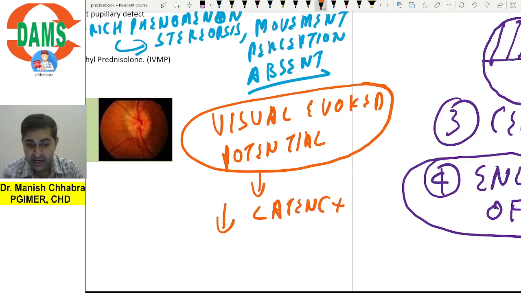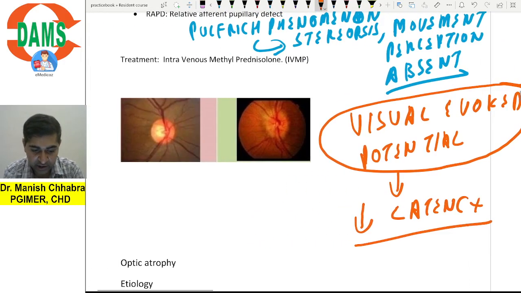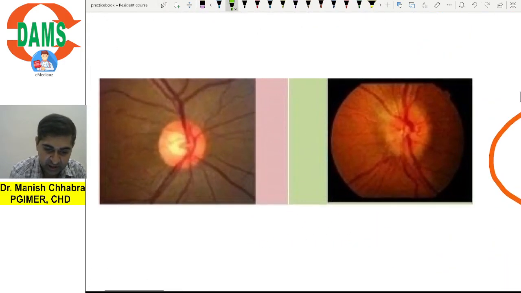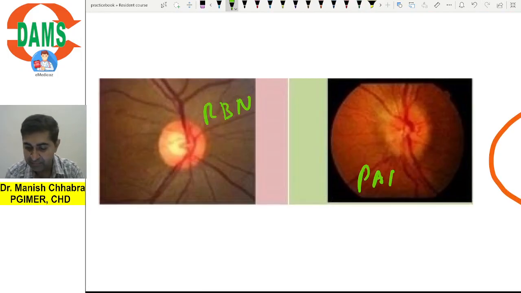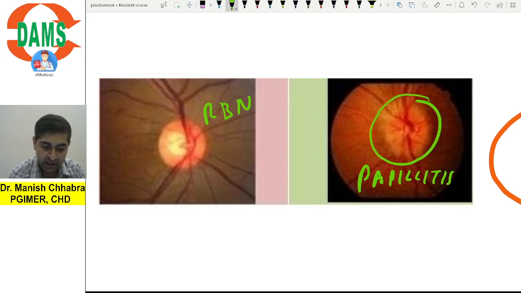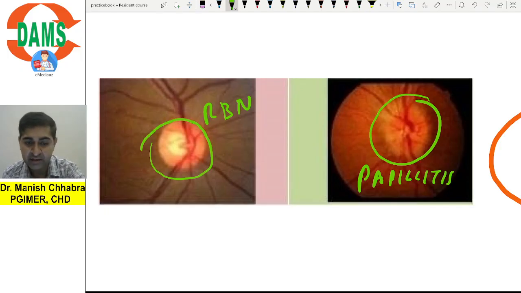Now here you can see, this is probably a case of retrobulbar neuritis, and this is your papillitis. Yes, you can see the non-defined margins here. Here the margins are pretty fine.